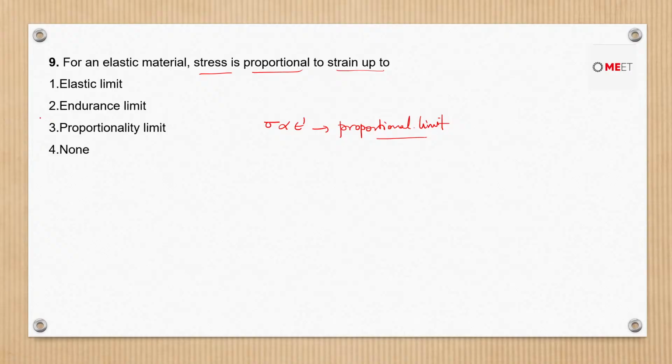The elastic limit and proportional limit are very nearby points, but the elastic limit is a little bit ahead of the proportional limit. So option 3 is the answer. And endurance limit is associated with cyclic loading. So for this question, option 3 is the answer.